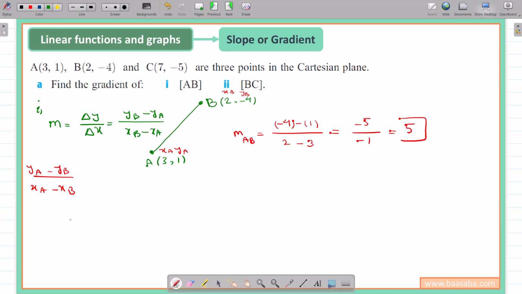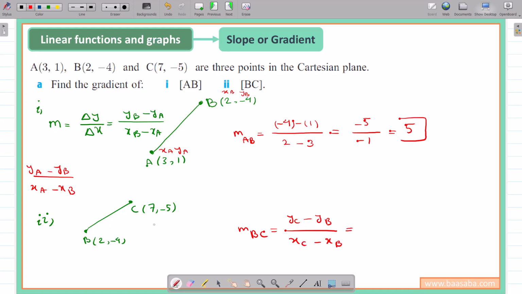Okay, let's do the second part. The line is BC, so B here, C here. B is 2 and -4, C is 7 and -5. Again, as in the equation above, we write m of BC is yC minus yB over xC minus xB.